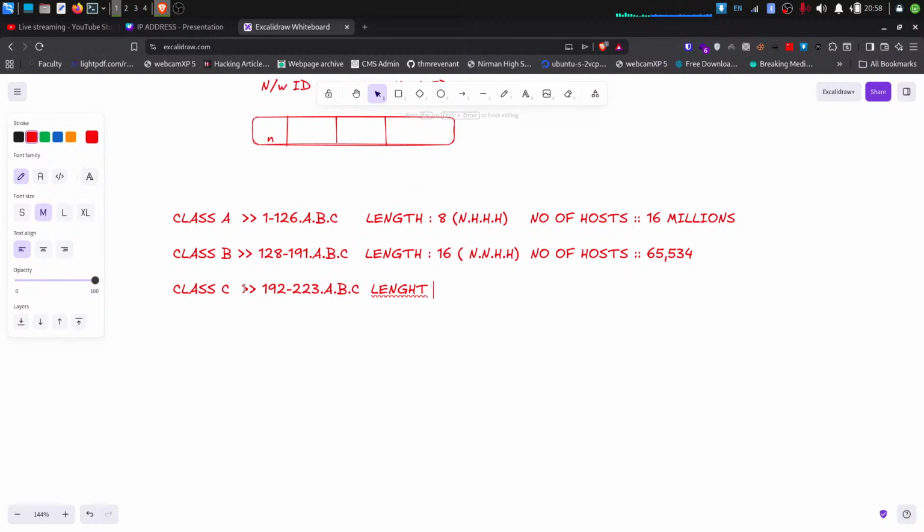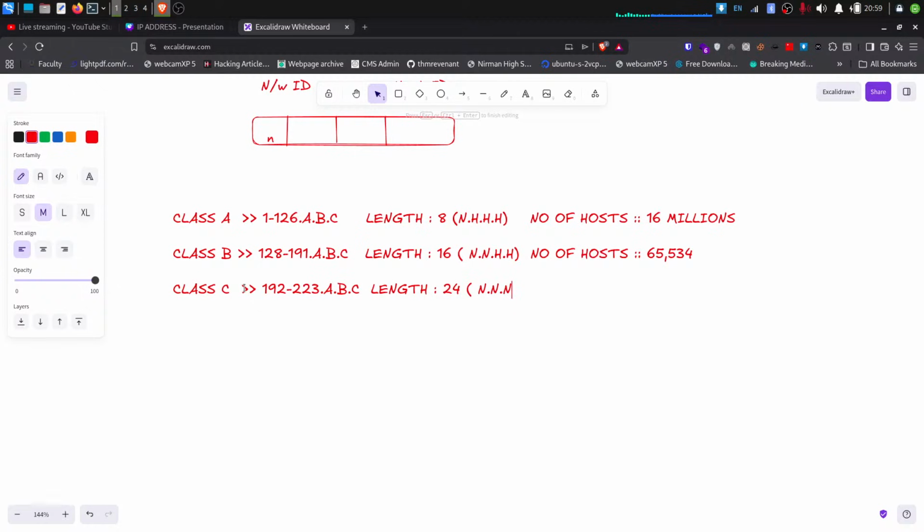Now here, the length, Aniket, the length here. Or we have Rishabh, length 24. Perfect. So now, how can you identify how many hosts would be there?